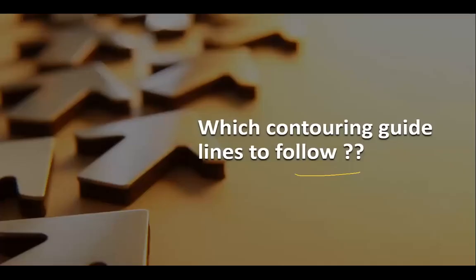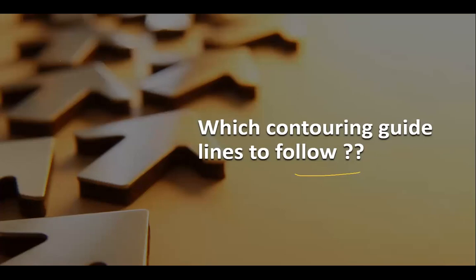So, do we have any specific consensus on which contouring guidelines we should follow? Especially in the lymph nodal delineation, in BCS we have considered the same nodal delineation, and even in the mastectomy we have taken the same delineation.